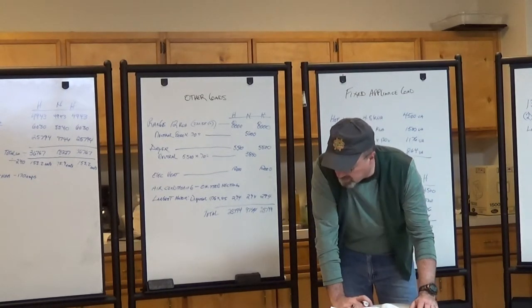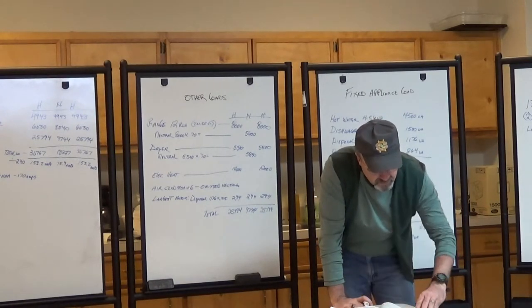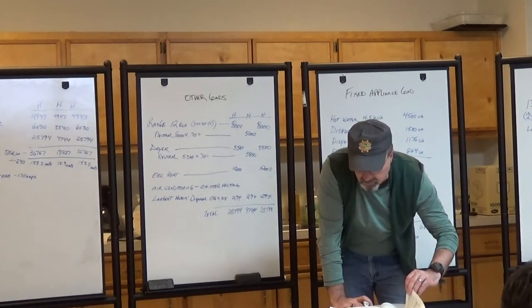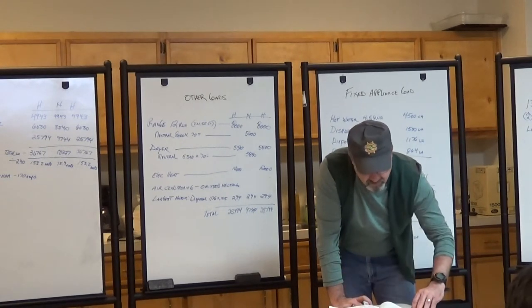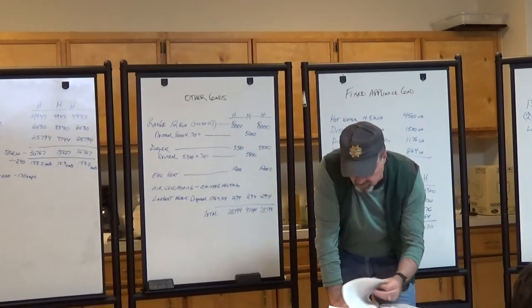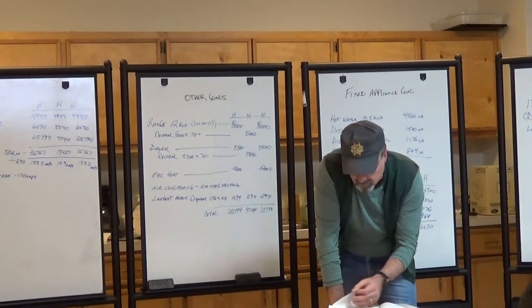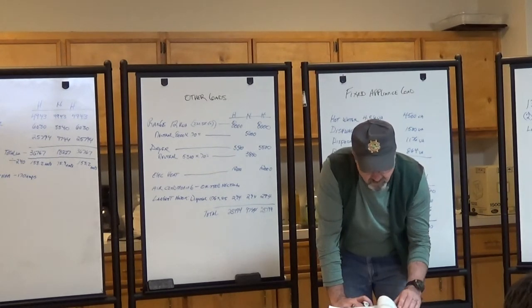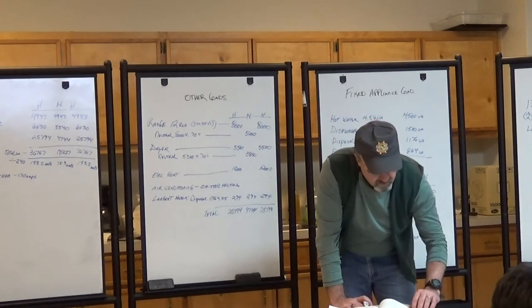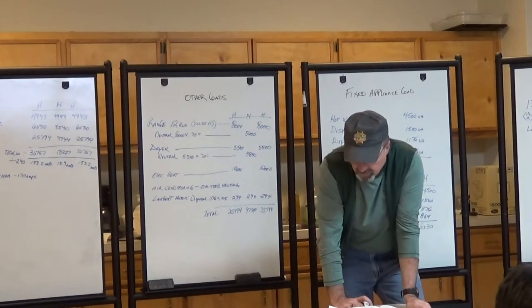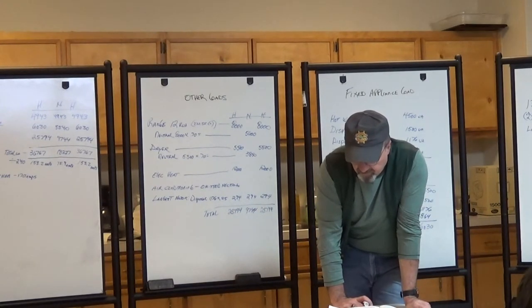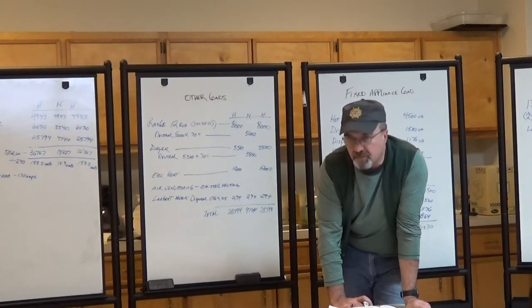So if we go over to Article 240.6, on page 70-91, 240.6(A) gives you a list of standard breaker sizes.